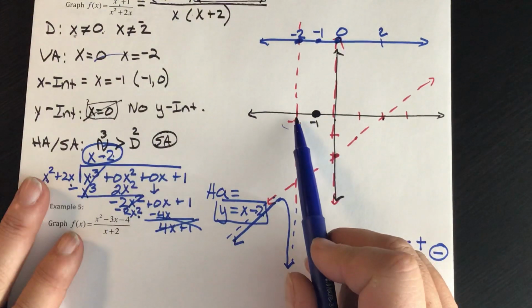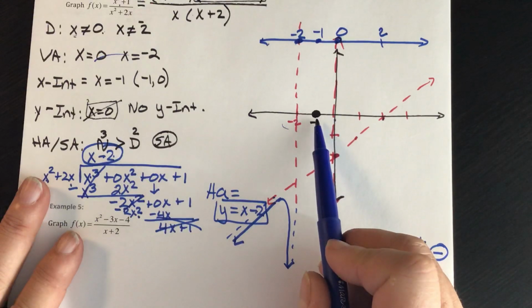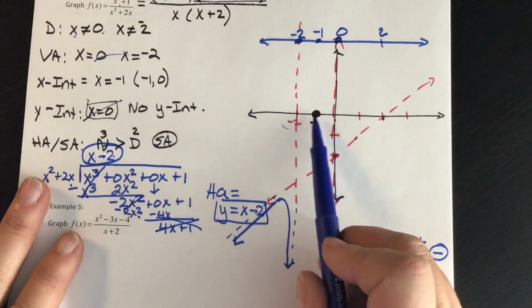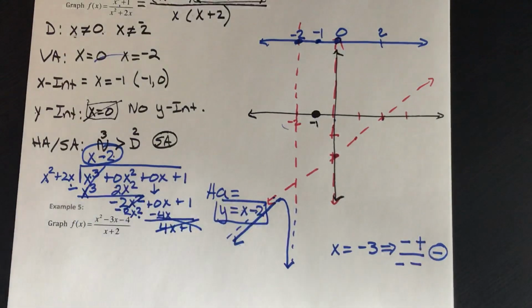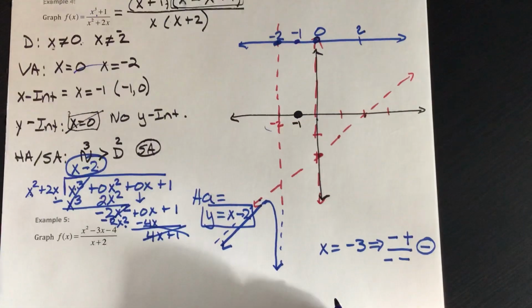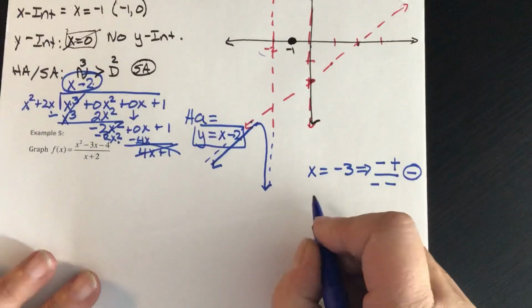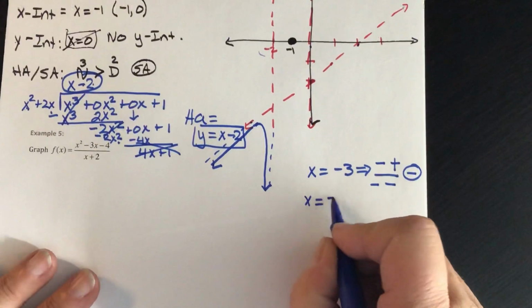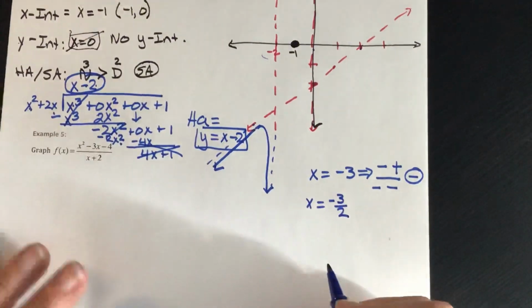Now let's look at what happens between -2 and -1. All right, so I need a number between -2 and -1, like -1.5, which is the same as -3/2. So let's test that number. X is -3/2.